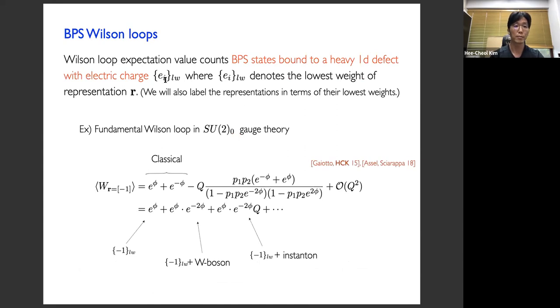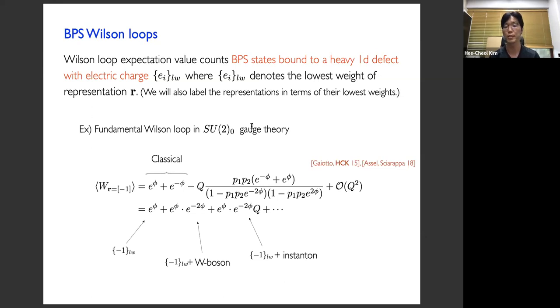We can also give another interpretation for this Wilson loop expectation value. It counts the BPS bound states to a very heavy, actually infinitely heavy, 1D defect with electric charge. And this electric charge corresponds to the Lie algebra weight of the representation R.